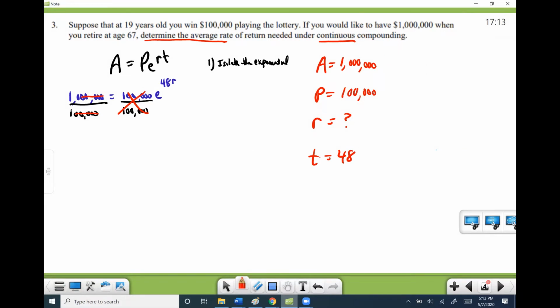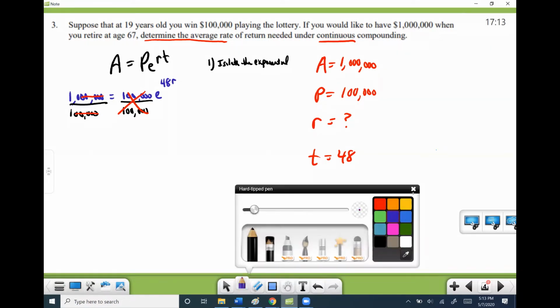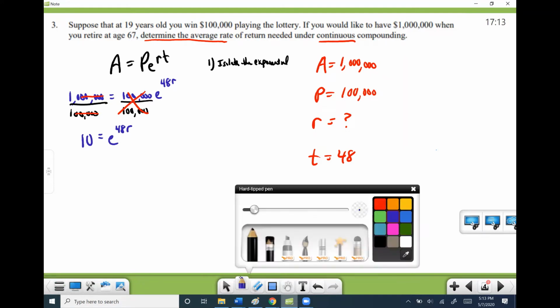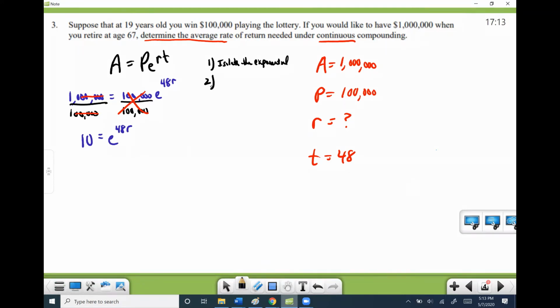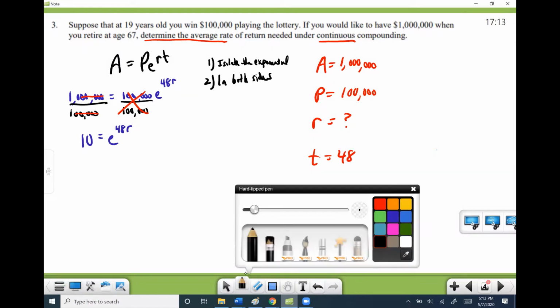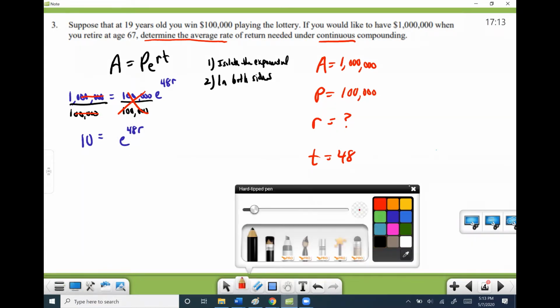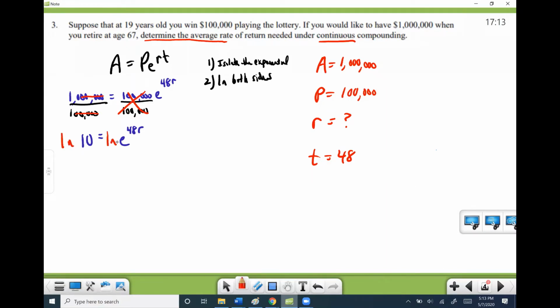So it looks like it's going to be a 10, you guys. Step 2, yep. Natural log both sides, very good. So we get the natural log of 10 equals 48R.